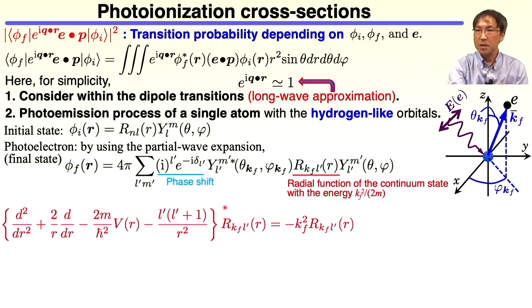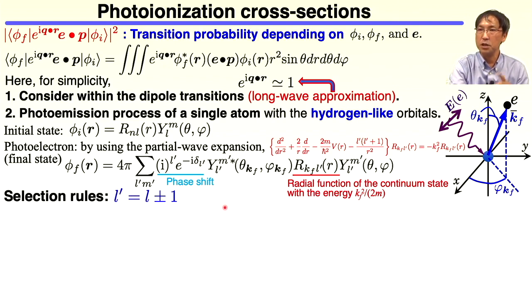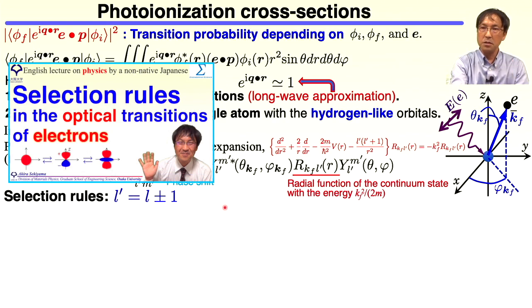Since the photoexcitation process is one of the optical processes and we discuss within the dipole transitions, the selection rule is shown like this, which means that only the l±1 wave components contribute to the final state photoelectron wave function.